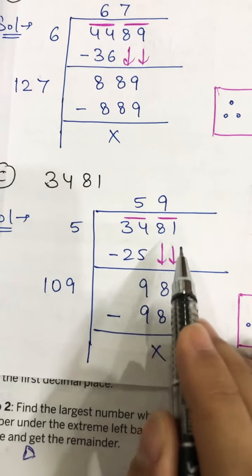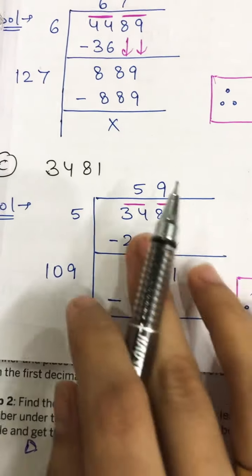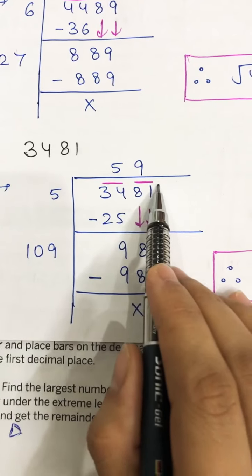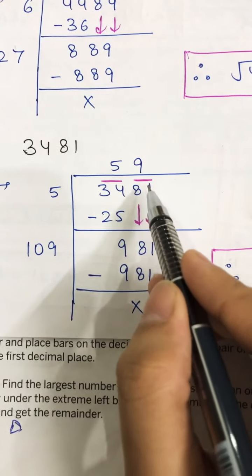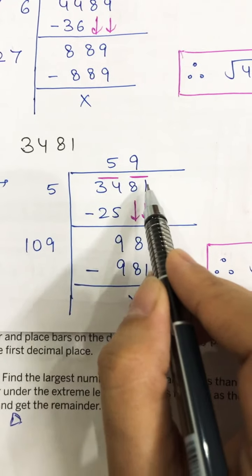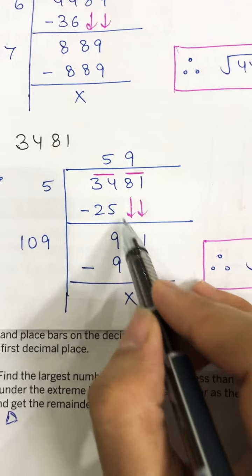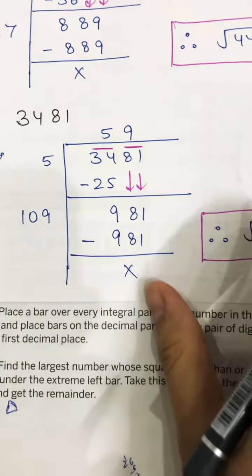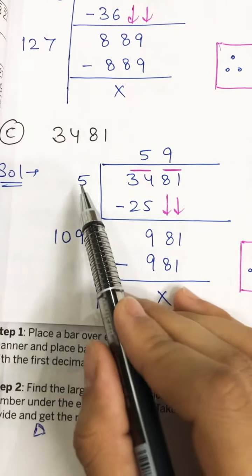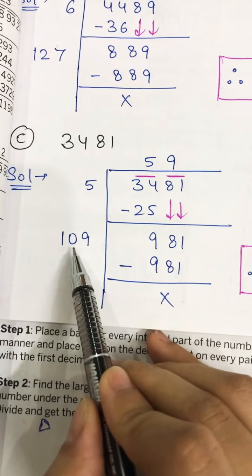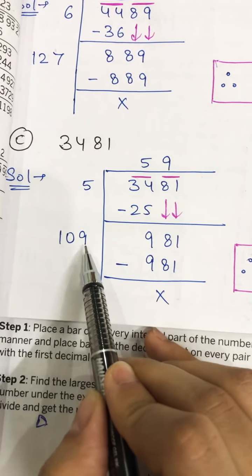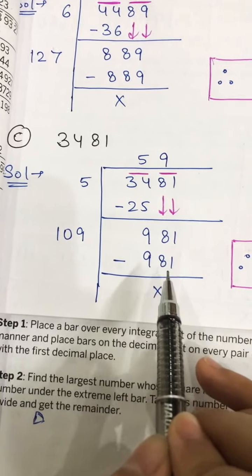Now take two digits directly from the question, from the statement. Okay, because I have placed a bar here, whatever digits are there in the bar, you take those digits directly. Okay, now take 981. 981 will be here. Now 5 plus 5, 10. Now I have to write which number, by which I'll multiply and get 981.